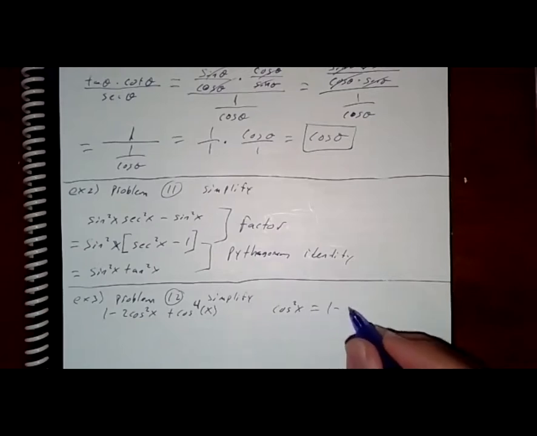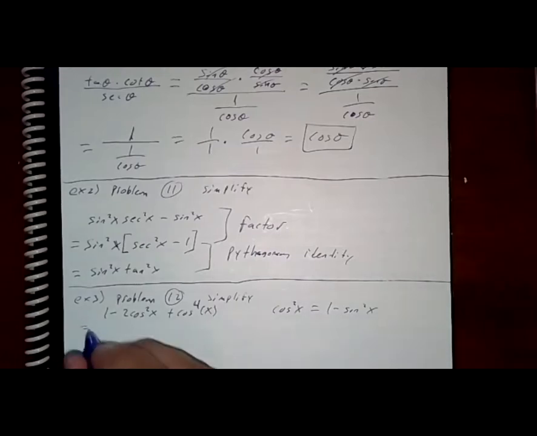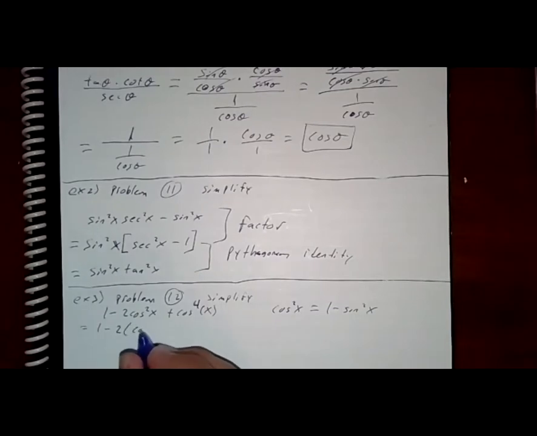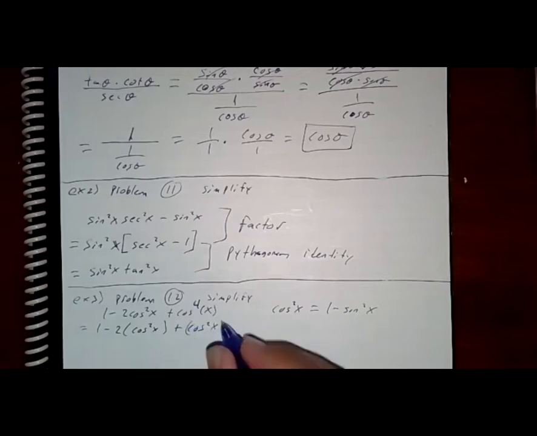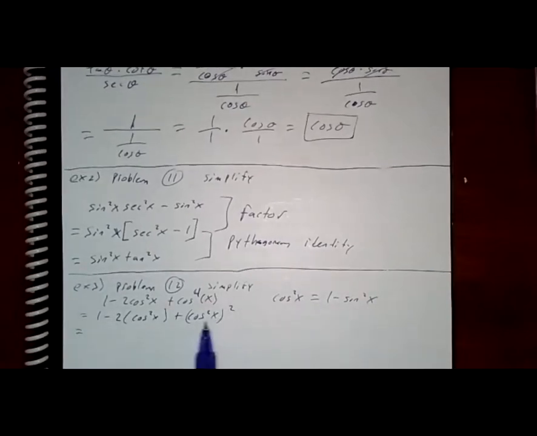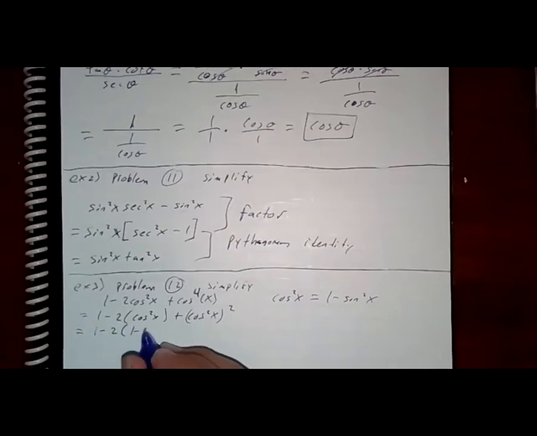I don't know if it's the best yet, but I'm just going to try something. I know cosine squared is good at this, so I could rewrite this like this, using our knowledge of algebra. Do you agree that this is the same? Cosine squared squared is the same as to the 4th. And I can just isolate this cosine squared here, and replace each one with 1 minus sine squared, and hope that helps me with something. Let's see.